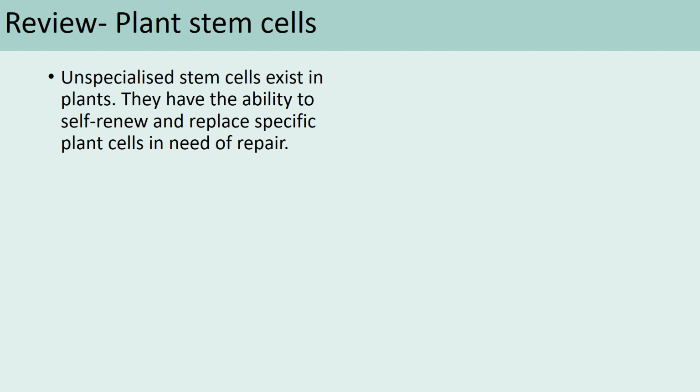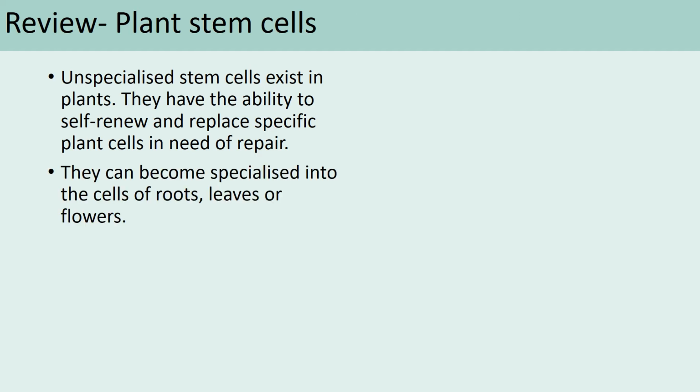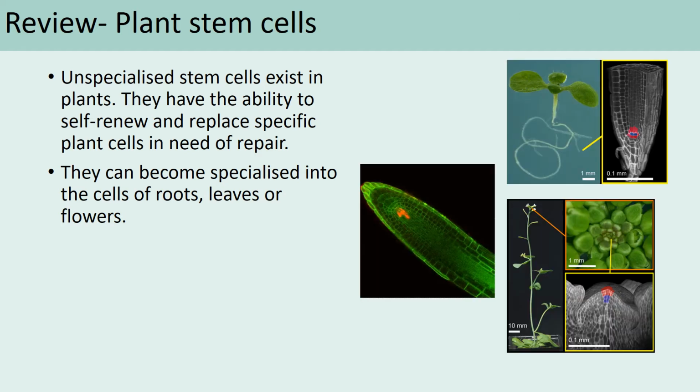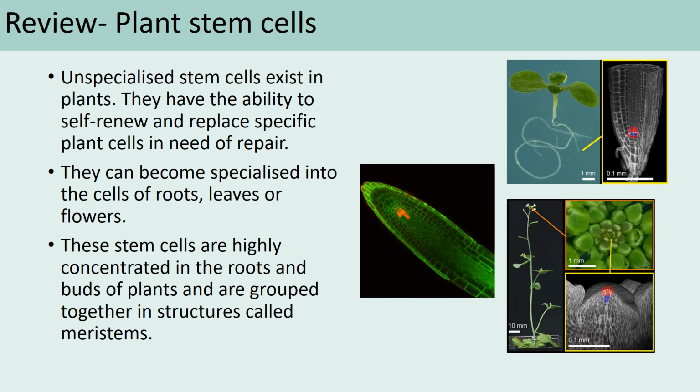We did have a look at plant stem cells as well last time. So again, they are unspecialized cells, but they're always found in the tips of roots or shoots, in the meristem. So unspecialized stem cells exist in plants.